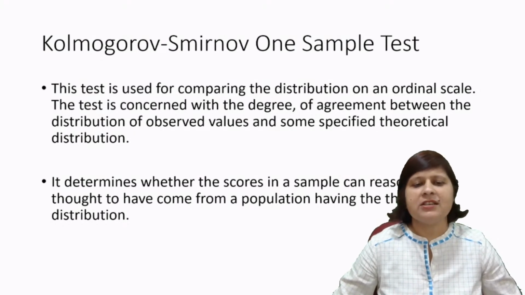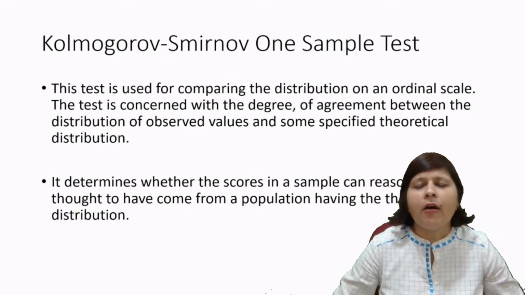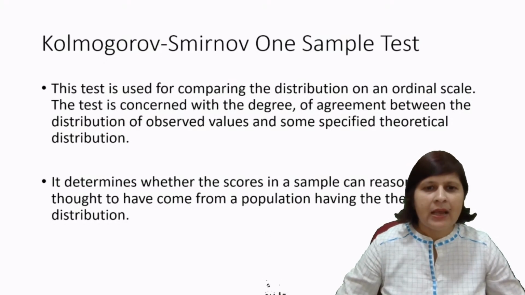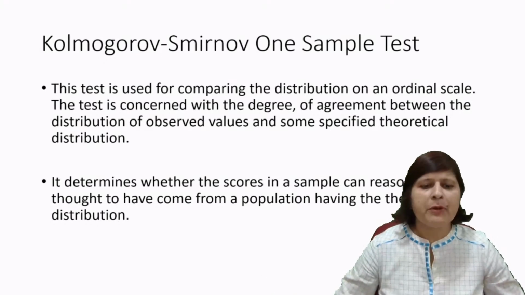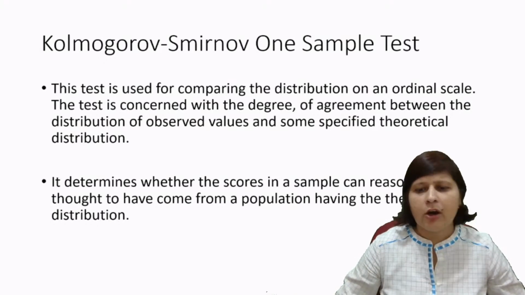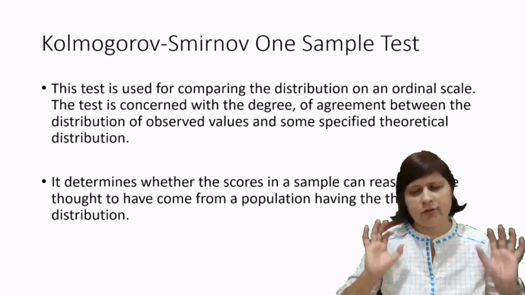This KS test is used for comparing the distribution on an ordinal scale. The test is concerned with the degree of agreement between the distribution of observed values and some specified theoretical distribution.